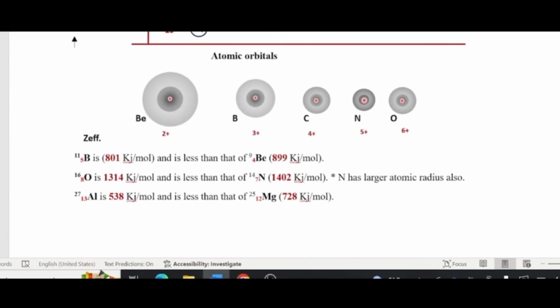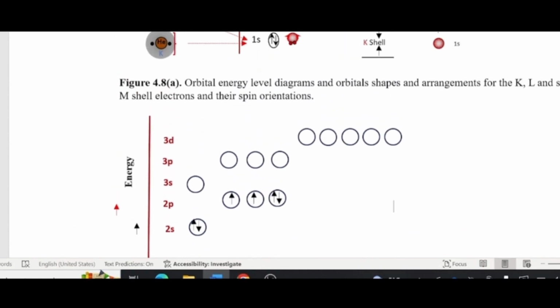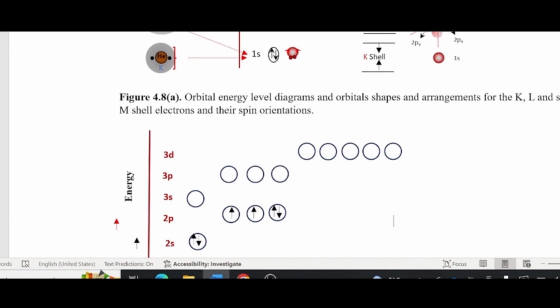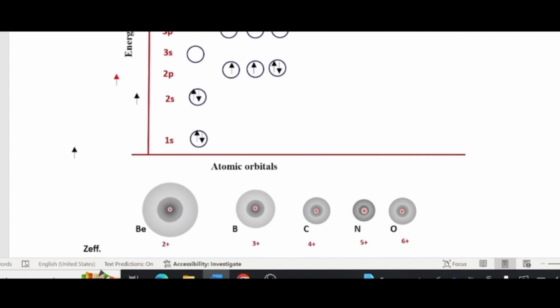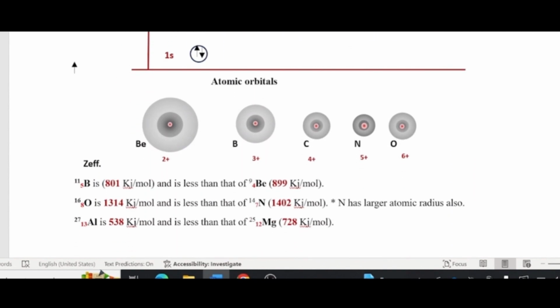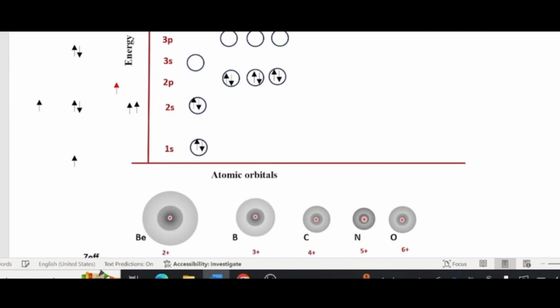Same thing you can do for aluminum. Aluminum is less than magnesium. Aluminum is to the right of magnesium in a row, and you expect it to have a greater first ionization energy. So let's look at magnesium. Now we fill this one here. An electron will be removed from the 3s orbital for magnesium, right?